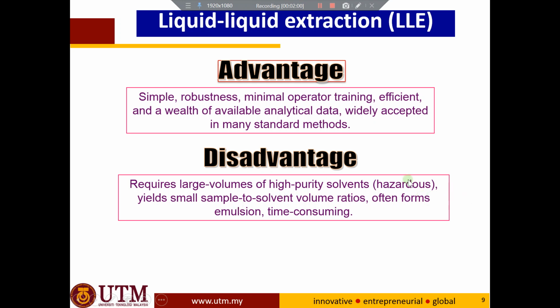Often forms emulsion: sometimes the problem with liquid extraction is that it can form an emulsion. Emulsion means that between the two layers, you have another layer in the middle, a bit oily in the middle. That's the problem. So you need to put in another kind of solvent to remove the emulsion.